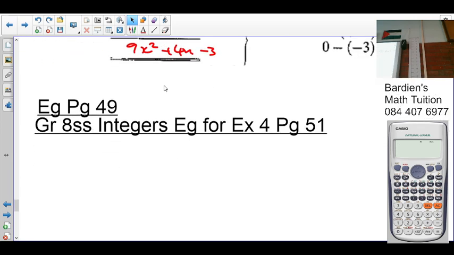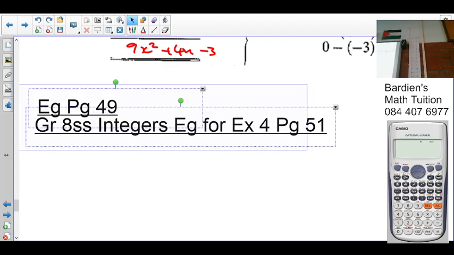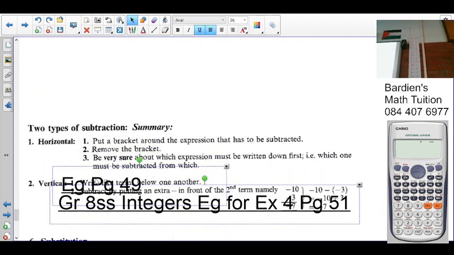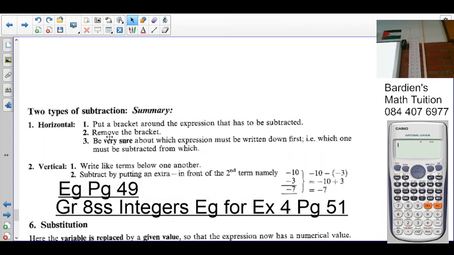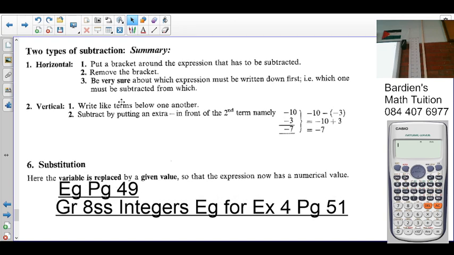So that basically brings us to the end of the subtraction part. Now I'm going to look at substitution. Two types of subtraction, horizontal and vertical, which we did exactly what they are saying here. Put a bracket around the expression that has to be subtracted, remove the brackets.